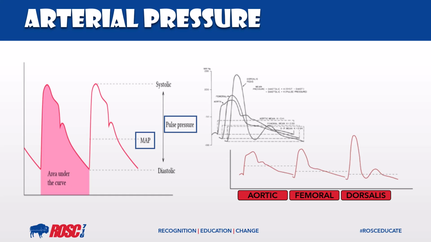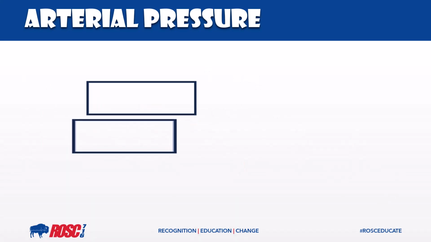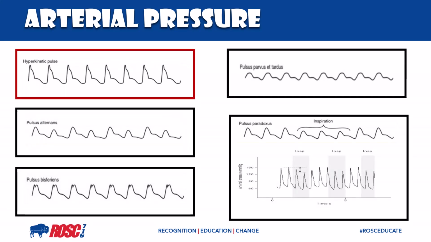Now let's take a look at some abnormal arterial waveform pressure tracings. The first here, in the red highlight, would be a hyperkinetic pulse, a very quick upstroked pulse. Following the red box here, you see pulsus alternans. You can see this in advanced heart failure, with every other beat having a variation.